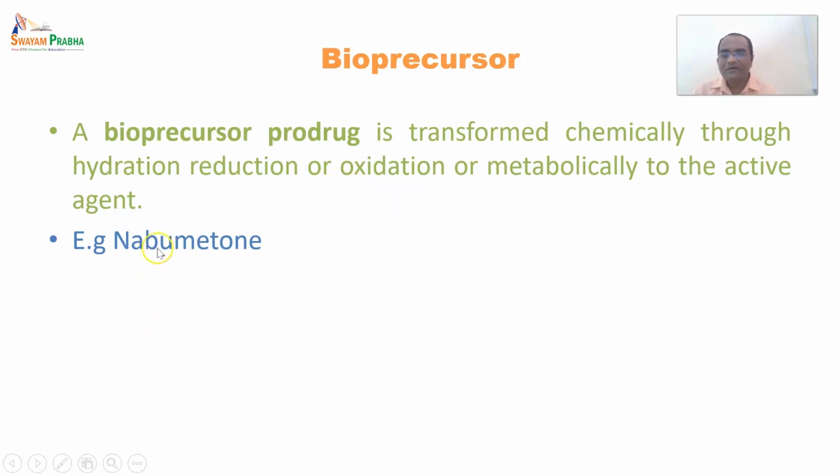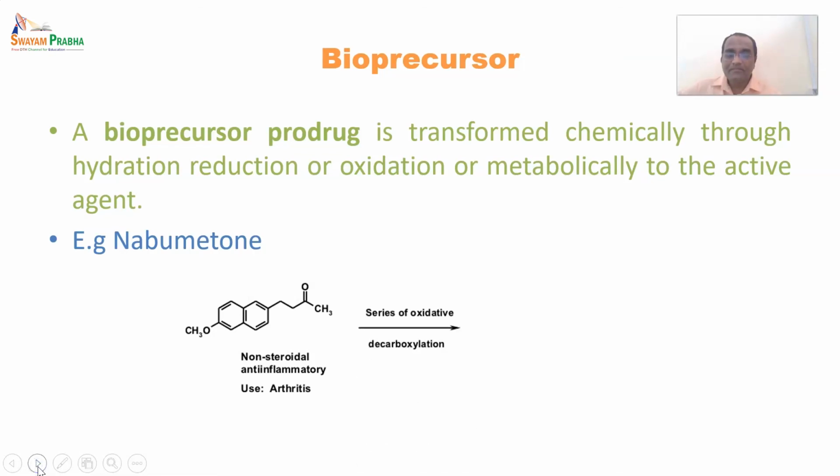An example is nabumetone, a non-steroidal anti-inflammatory used in arthritis. After a series of oxidation and decarboxylation, it forms an active form which inhibits the biosynthesis of cyclooxygenase and also prostaglandin.